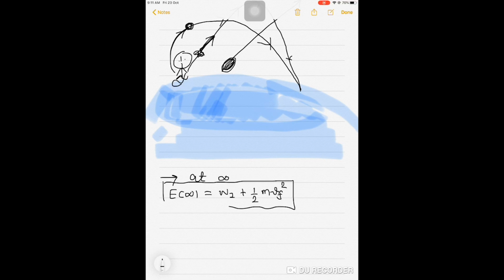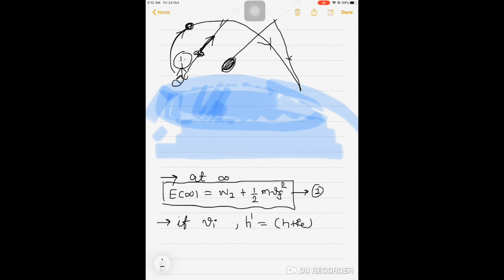As we know, total mechanical energy remains constant for any object. Now if the object was thrown initially with a speed of Vi, so if the initial speed is Vi and it is thrown from a height, say h dash, that is equal to h plus Re, where h is the height from the surface of the earth and Re is the radius of the earth.